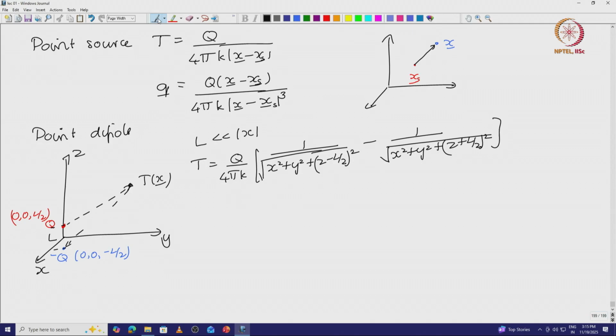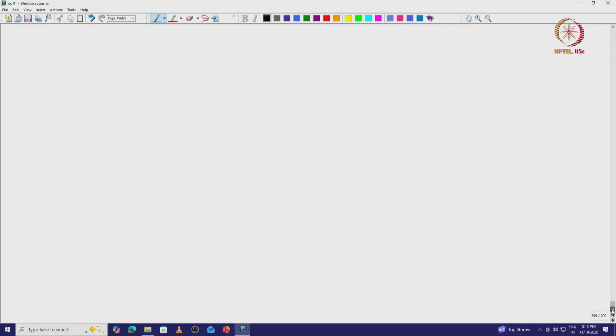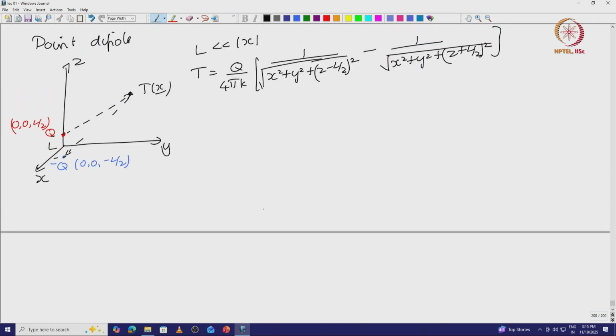And then I had used a binomial expansion in the limit where L is much smaller than the vector x. So, consider the square root of x square plus y square plus z minus L by 2 the whole square, whole to the power of minus half.